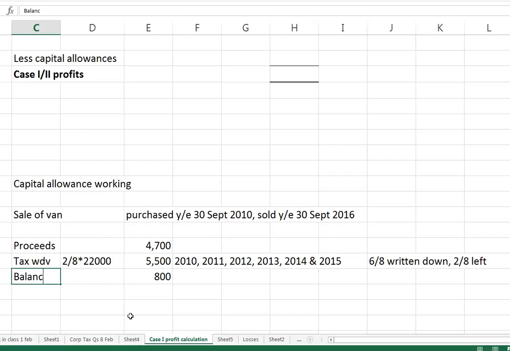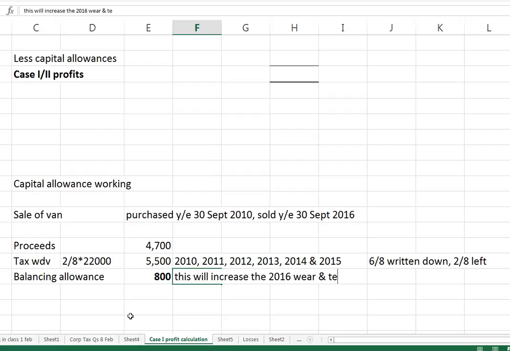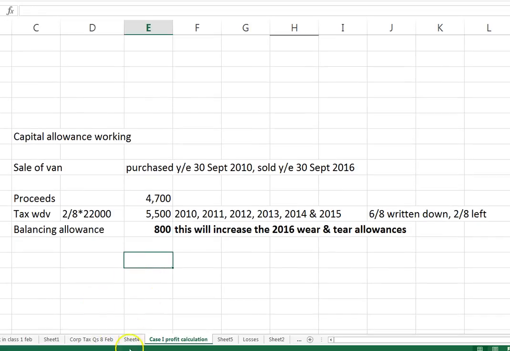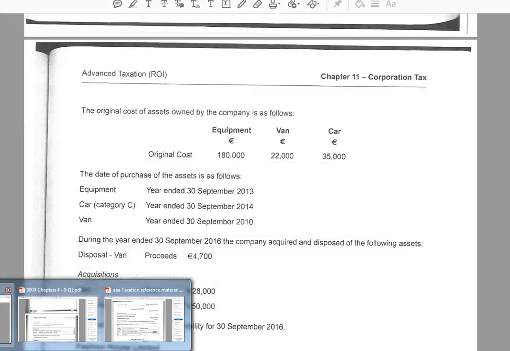So we'll get a balancing allowance of 800, and this will increase the 2016 wear and tear. Okay, so if this is a balancing charge, it will be different. So now we can do our normal working.